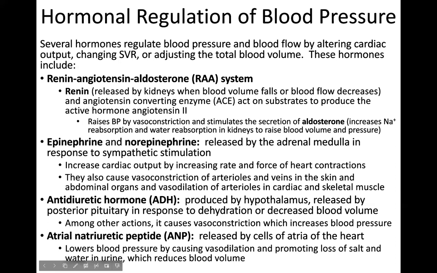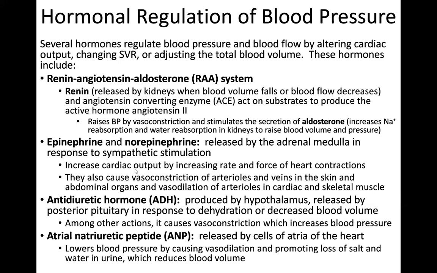Okay. Epi and norepi, which we know by now at great lengths. We've talked about these two hormones. As we know, epi can also be described as adrenaline, and norepinephrine as noradrenaline, released by the adrenal medulla whenever we have that fight or flight response. So we know exactly what takes place here.